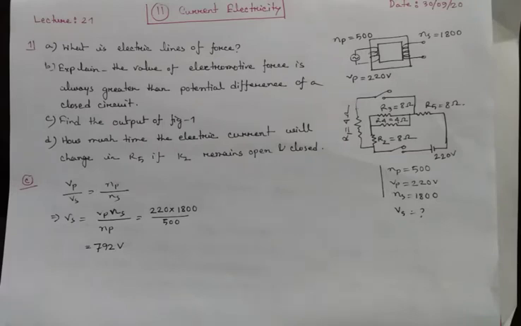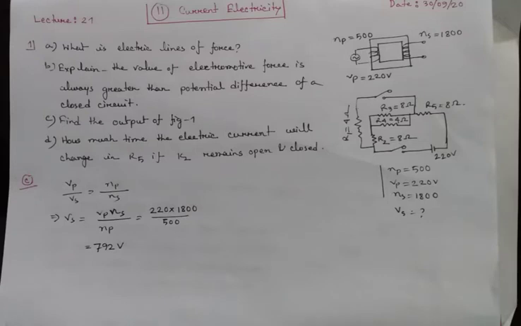For a closed circuit, you know the definition of electromotive force. What is electromotive force? Actually, this is the work done by the source in driving a unit positive charge that starts from one end of a circuit and comes back to the same point by traveling the complete circuit along with the source. So that total work done is called electromotive force.